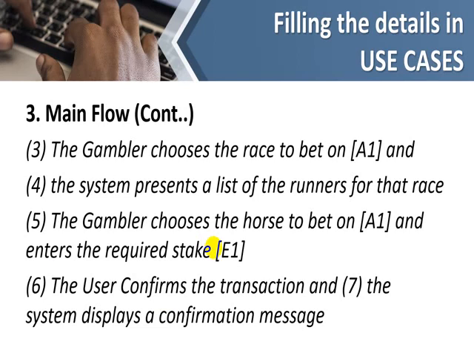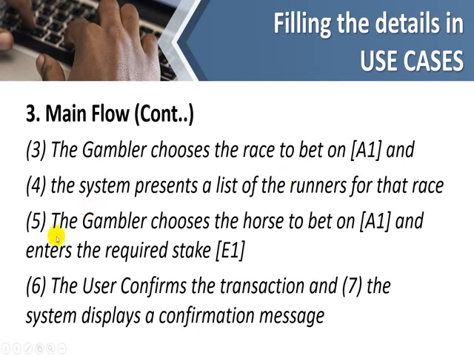Number three, the gambler chooses the race to bet on, A1, and so now here we have this alternate flow, but I'll teach you later. The simple thing is the gambler chooses the race, right? Number four, the system presents a list of the runners for that race. So once the gambler has selected the race, for that particular race the system will show the list of all the horses, right?